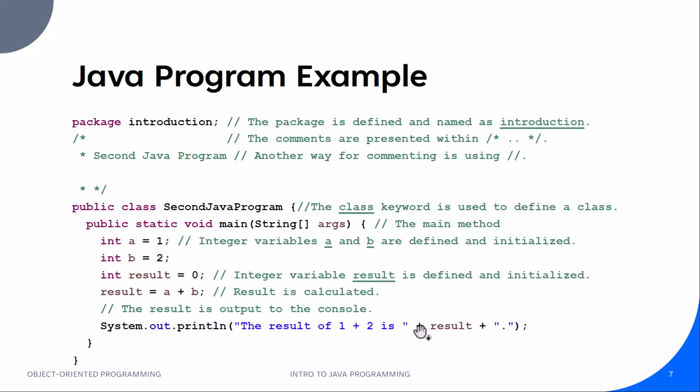And now I can add a further string using the plus sign over here. And there is this result variable, which was normally an integer, but Java automatically converts this integer variable to a string to output on the screen. And then I can add a dot at the end to show a structured output on the screen.